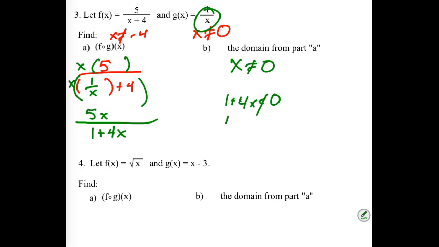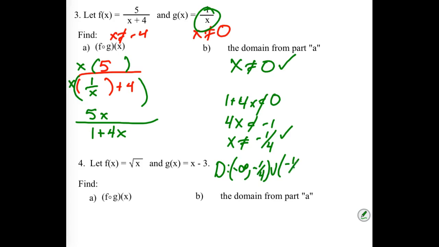So subtracting the 1 over and dividing, x can't be negative 1/4. Okay? So when I write my domain out, I have to jump over 0 and I have to jump over negative 1/4. So negative infinity up to negative 1/4. Negative 1/4 up to 0. And then 0 on up.